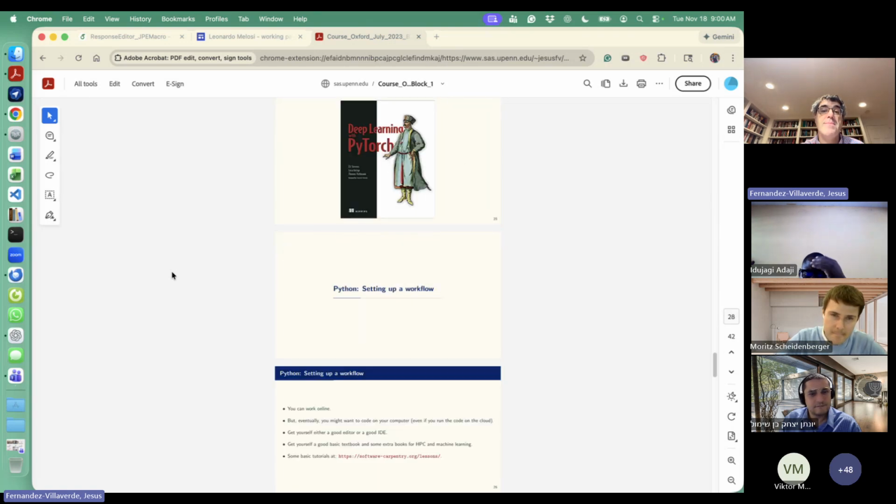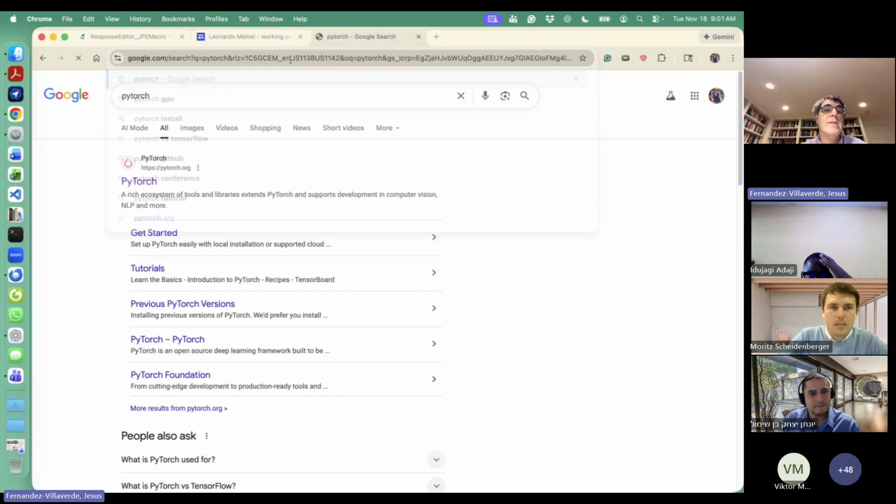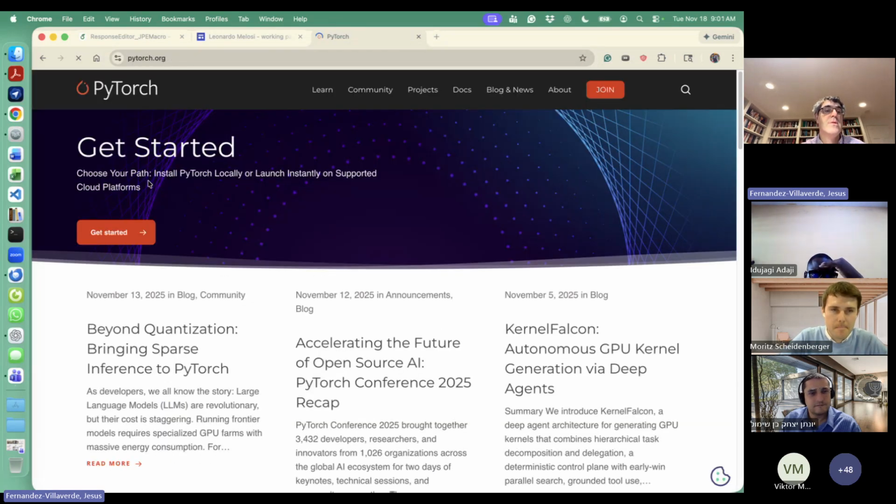libraries, etc. Now, quickly, my favorite one is PyTorch. It's open source. I would say it is the most popular library right now. It's very easy to learn. It's for Python, but if you are not a Python user, it's relatively easy to hook it with MATLAB, C++ or Julia.